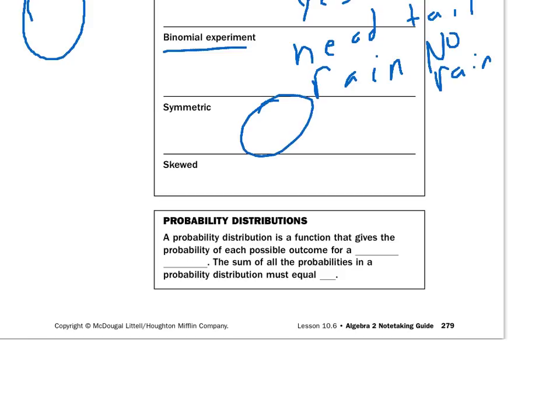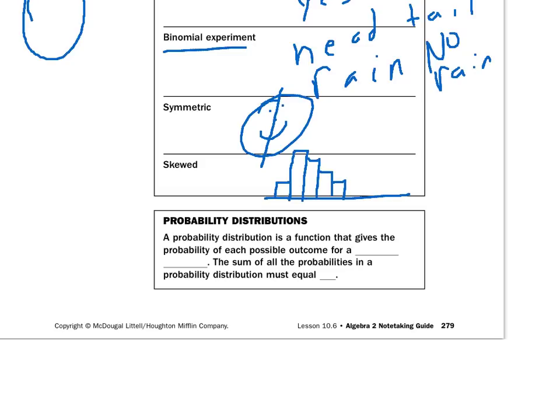Symmetric, don't forget, symmetric is, you know, cutting something in half, both sides look exactly the same, being symmetrical. And skewed, when we talk about these histograms, some of them are going to look like this. And you wouldn't say that that is symmetrical, so that's a skewed histogram.